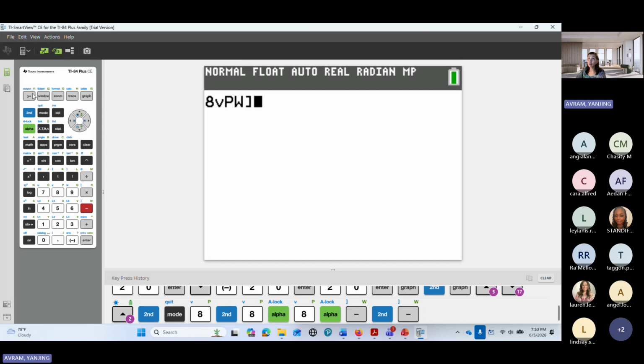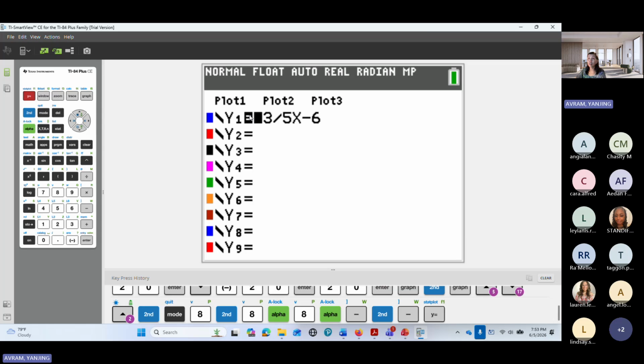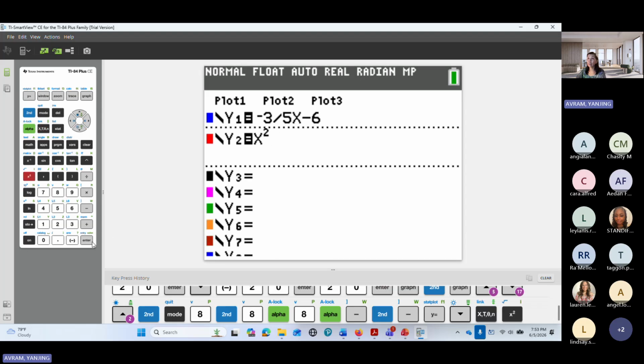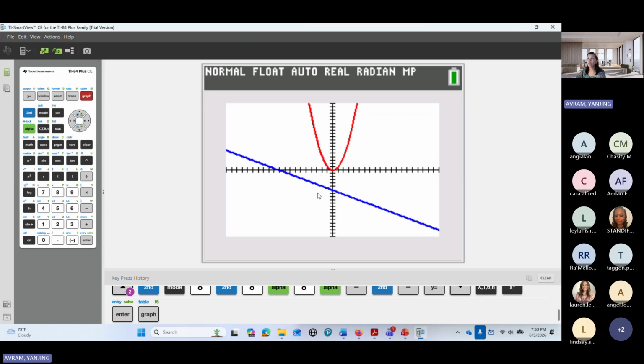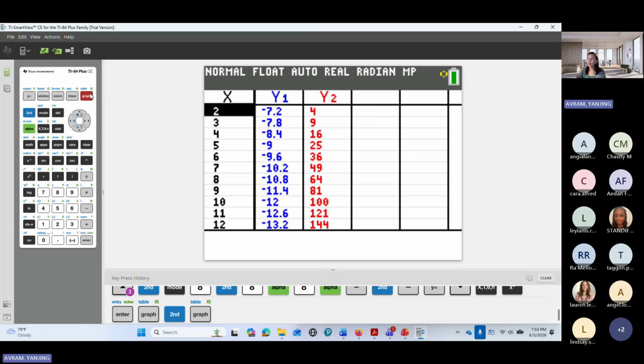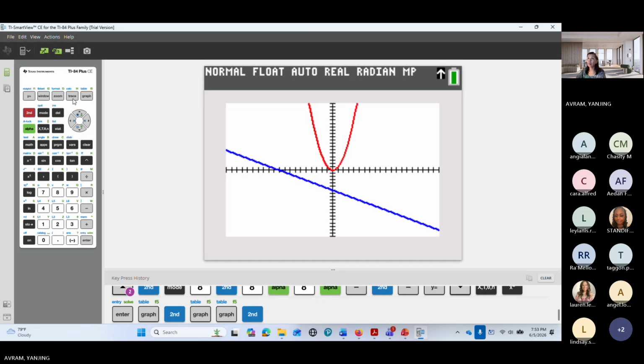But if you want to do the graphing, you will have to input y equals the x value, right? And later on, if we do a quadratic, y equals x squared, okay, so that's how you look at it. All right, and then you hit graph. So that's what y equals x squared looks like. Okay, and then if you hit second graph, you can go through the whole table.